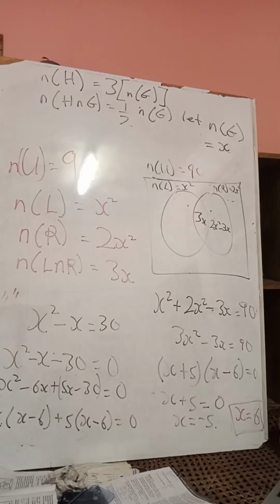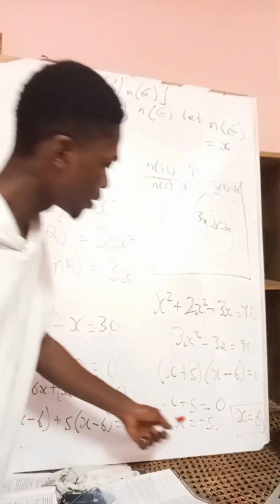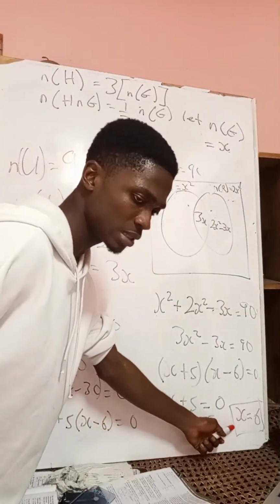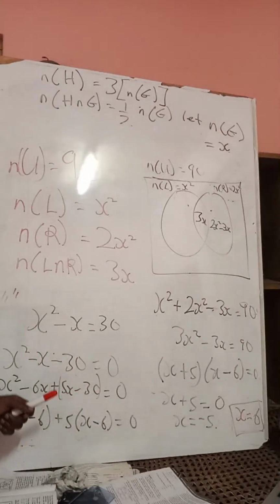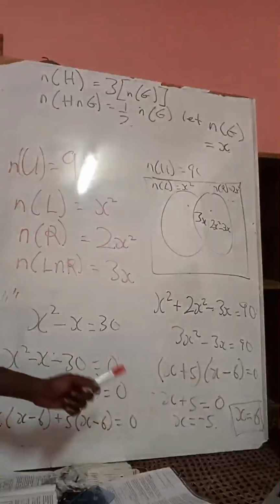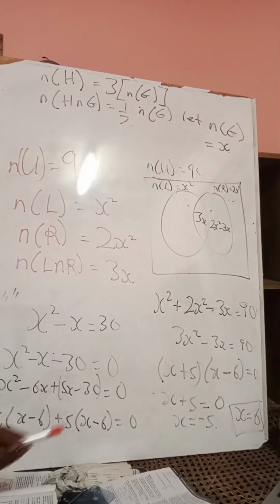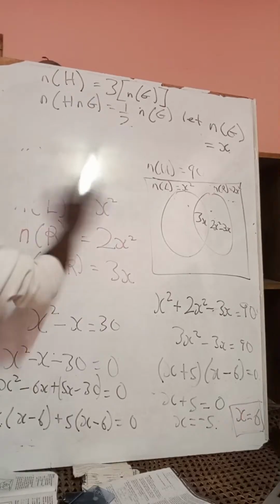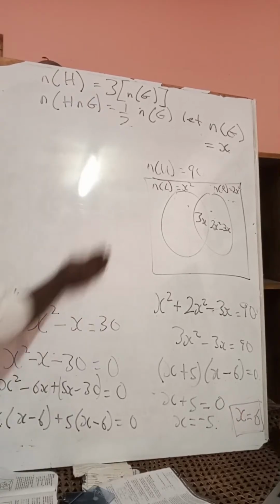Okay. So here you see that you have two values: x equals negative 5 and x equals 6. But because you are looking for the number of people, you can't say the number of people is equal to negative 5. So let me erase this side. That's how your conclusion will be.